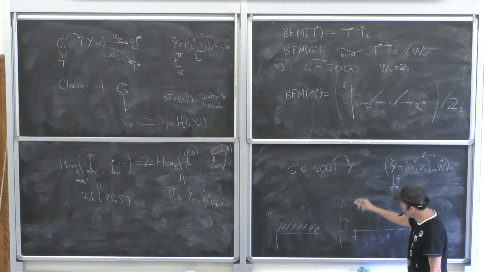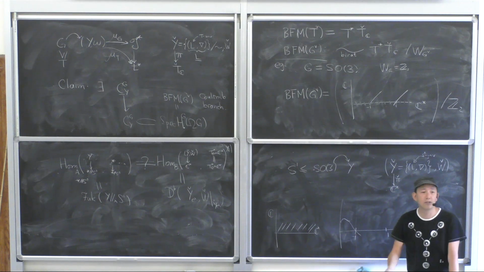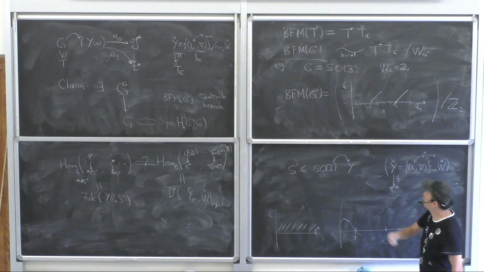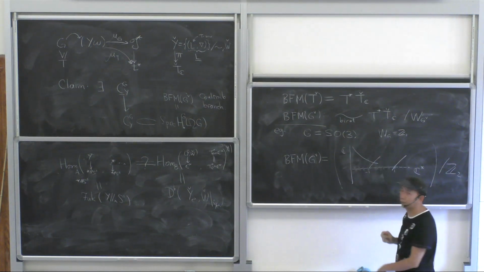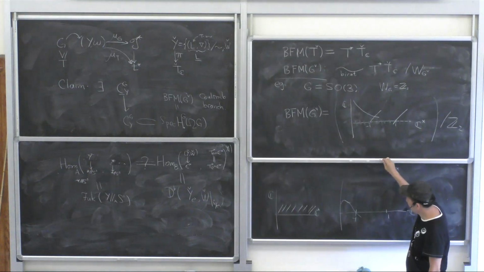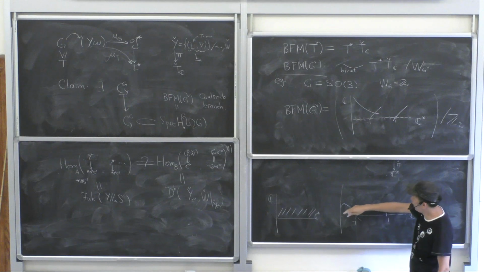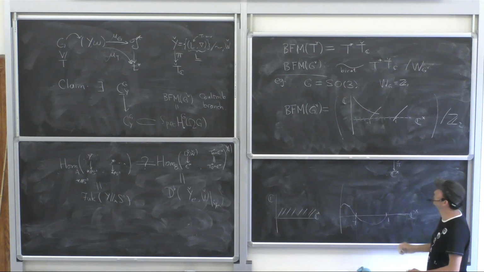The multi-section, when you hit this, has to hit at this point transversely, because it cannot hit any other point here.